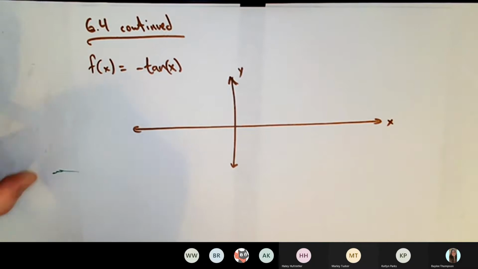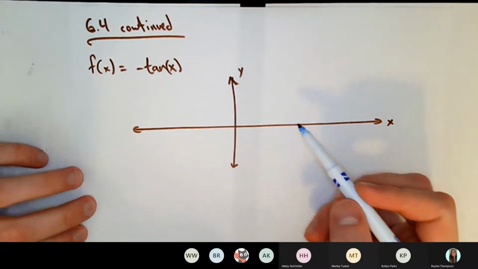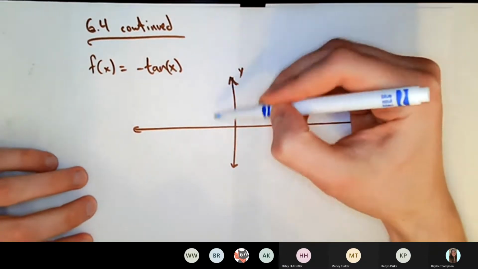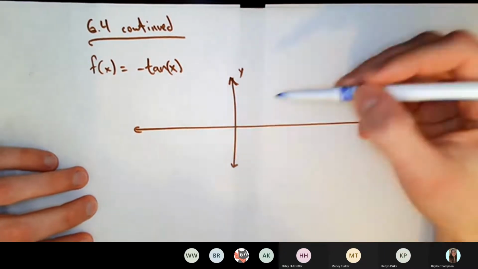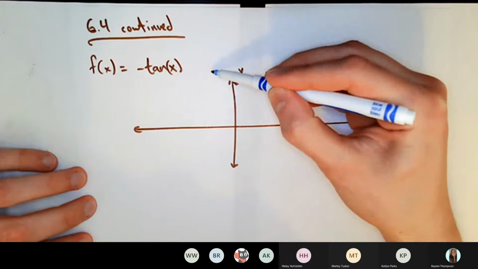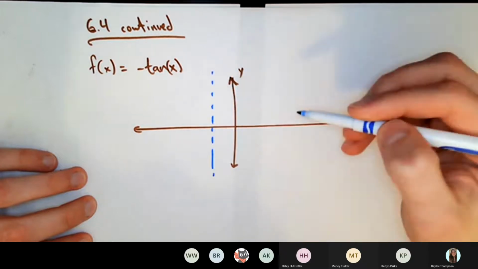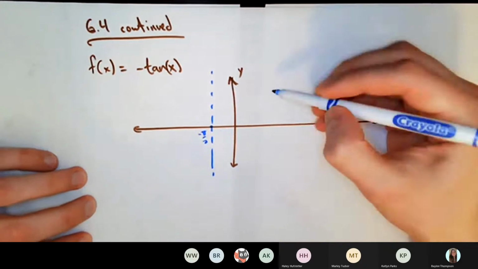And also a weird thing about tangent is that a natural interval to draw it on is not just from 0 to pi like you would expect, but instead from negative half pi to a regular half pi. So negative pi on 2 right there to pi on 2.